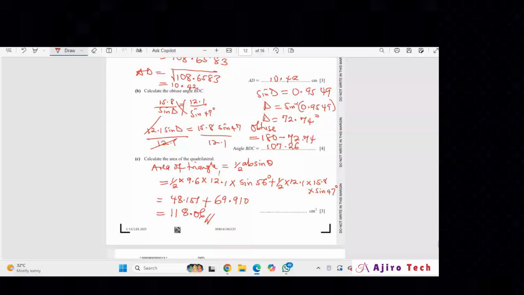So that is 118.06 centimeters squared, the area of the quadrilateral.